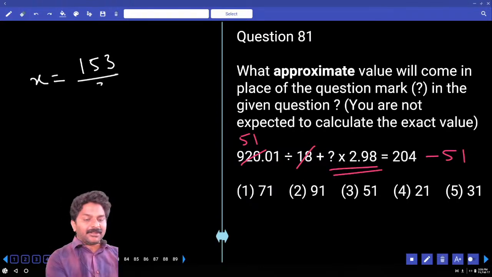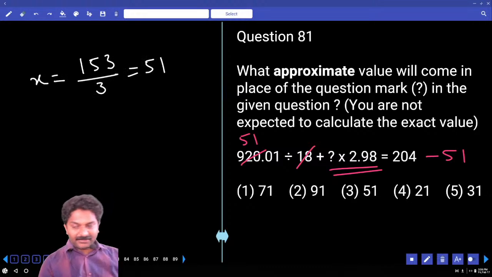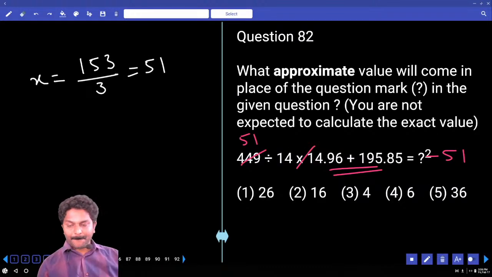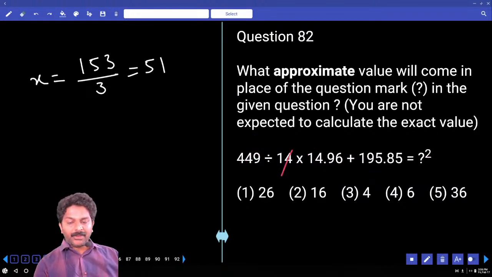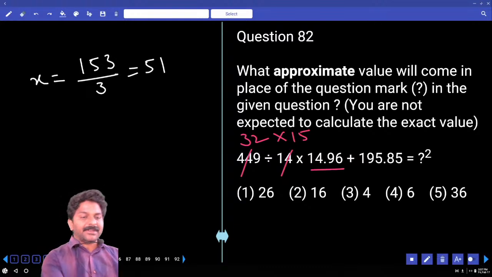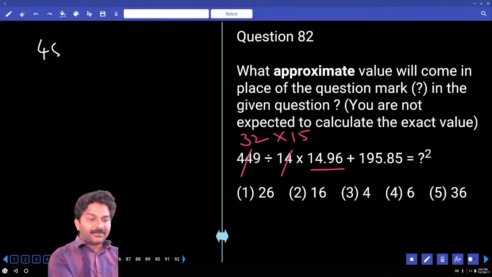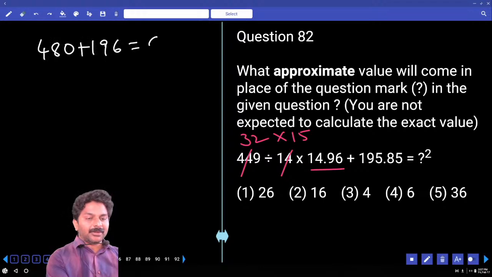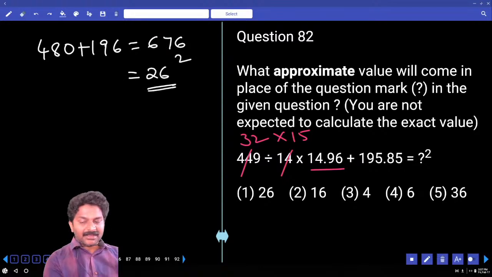X is equal to 153 divided by 3, which is 51. 14, 3 times, 42. 29, 2 times, into 15. 15 times of this number is 10 times and half only, which is 480 plus 196. Total 676, which is 26 square. Answer 26.